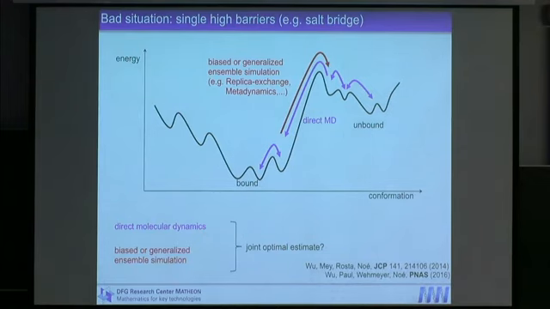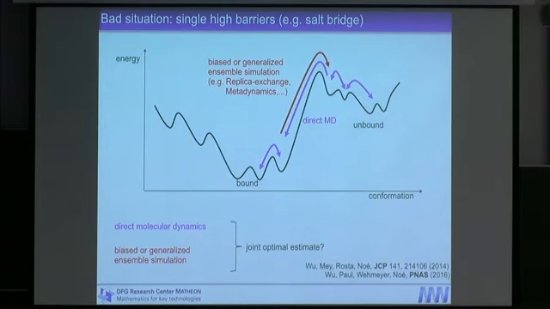Especially if you have slow steps, you can combine direct molecular dynamics simulations with generalized or biased ensemble simulations. So these are basically simulations that somehow change the potential or change a thermodynamic parameter like the temperature in order to overcome high energy barriers better.